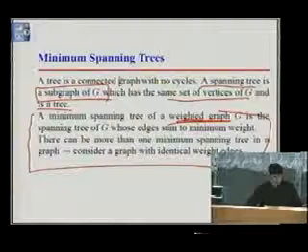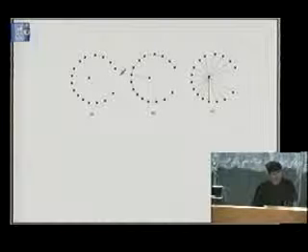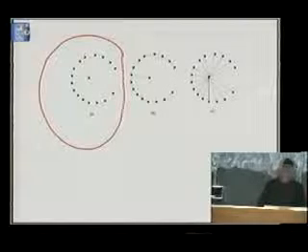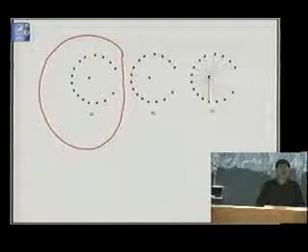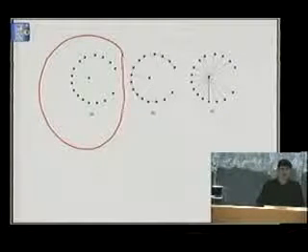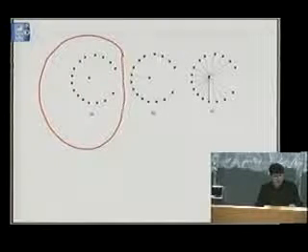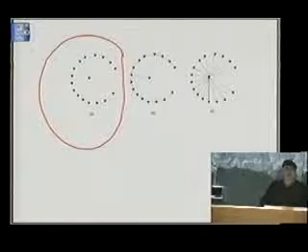So let's look at an example here. Here on the left, I've got a picture of some points. Let's imagine that we have the complete graph, where the vertices are these points in the plane, and the weight of the edges is the Euclidean distance between the two points.